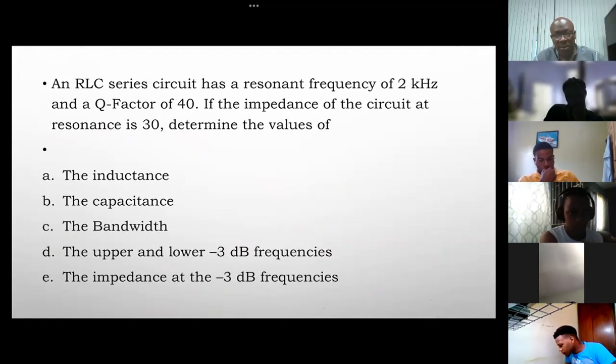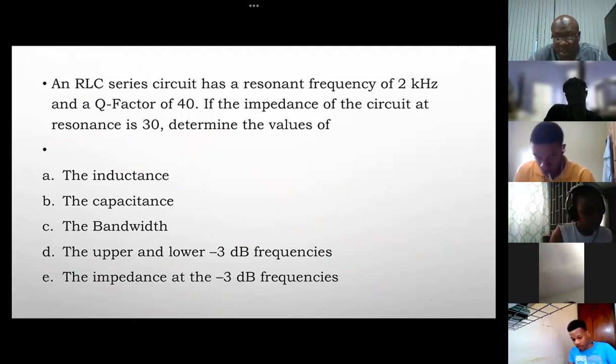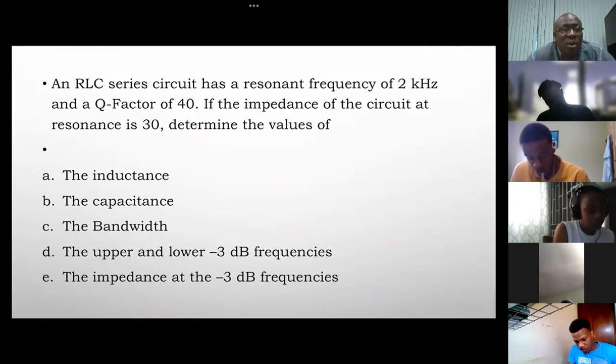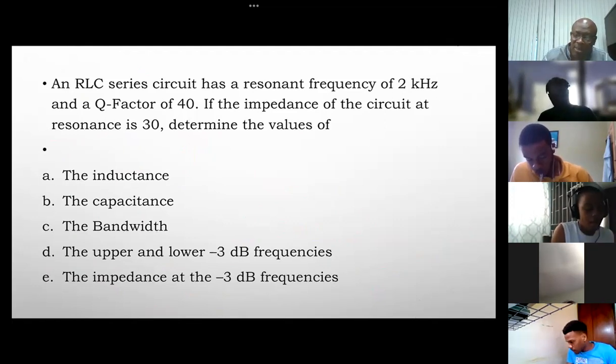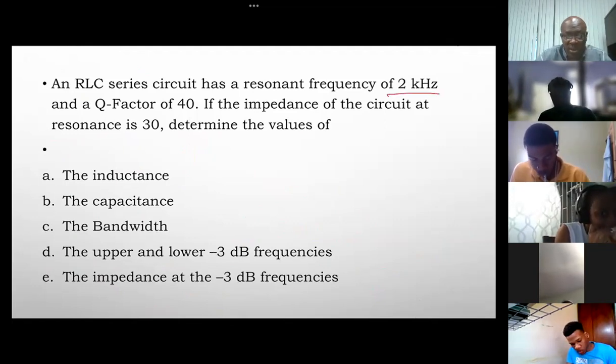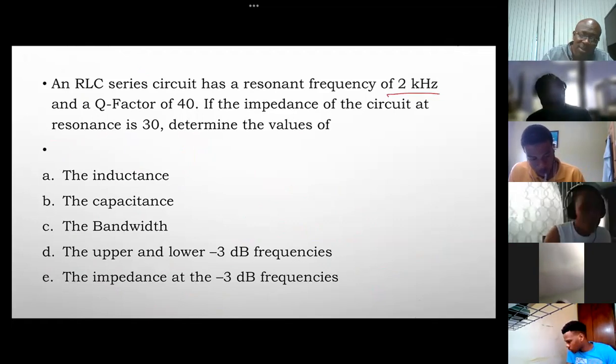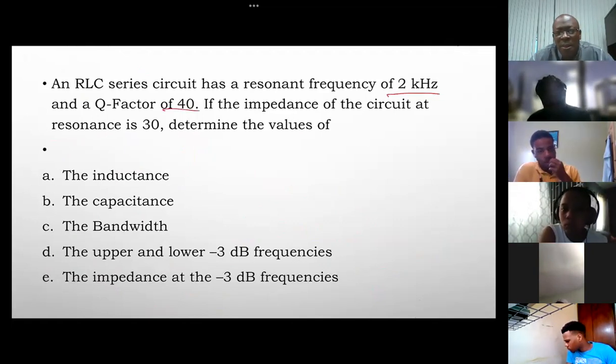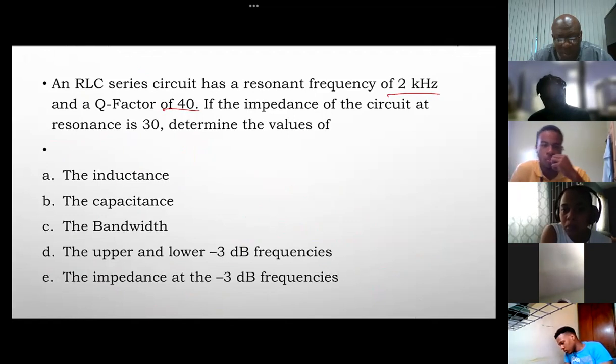So we have here an RLC series circuit. In this instance, you're told that the resonant frequency is 2 kilohertz and the quality factor is 40. You're then told that the impedance of the circuit at resonance is 30.